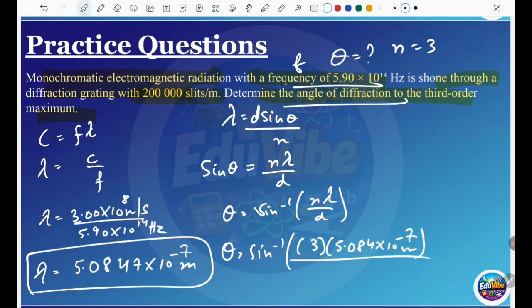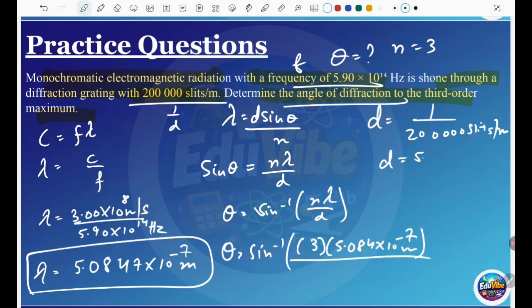What's the d? Now here's the thing. Your d should be this, but this is given in the form of 1 upon d. So you have to find d, so you take 1 upon this whole term. If it is slits per meter, make sure your meter or centimeter is the same. Like in all questions you have meters, this should also be in meters. We have to convert this thing. So d is equal to 5.00 times 10 raised to power minus 6 meters when you solve this.